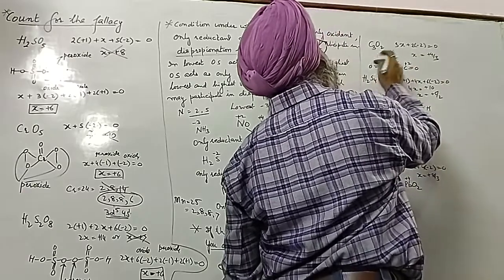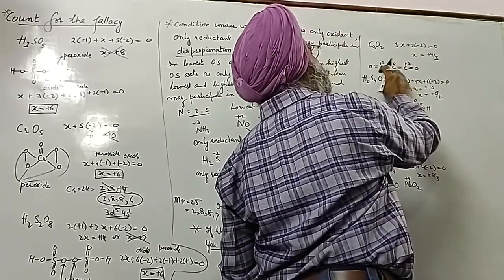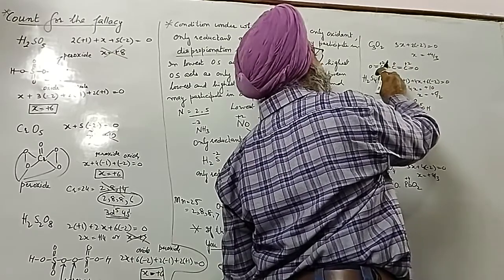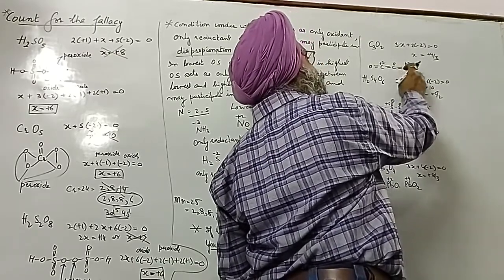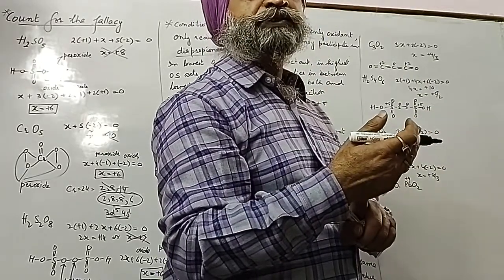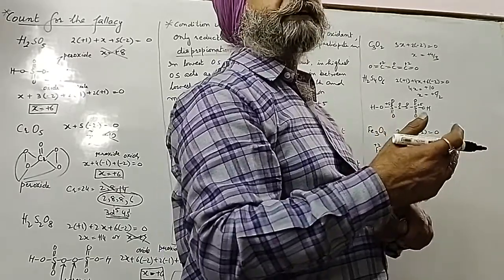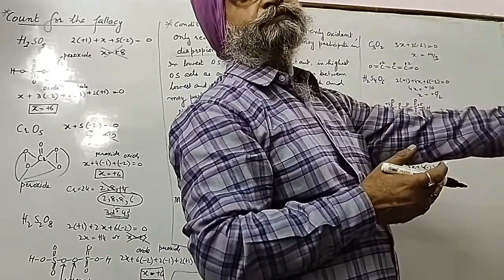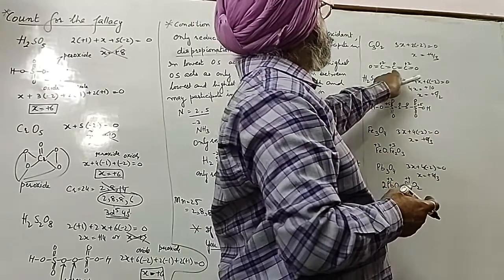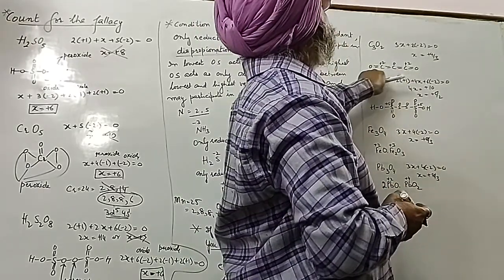In this case, you will also remove oxygen. But in this case, this is another element. This is the same element. The definition says, when all other elements are removed. So on this side is also carbon, on this side also carbon.